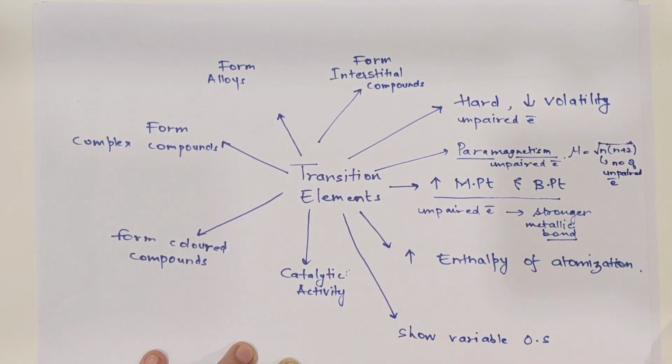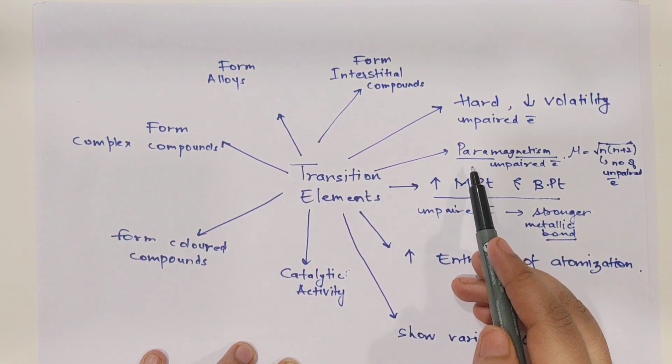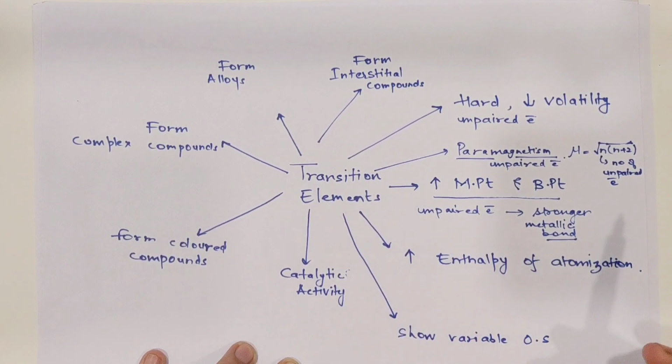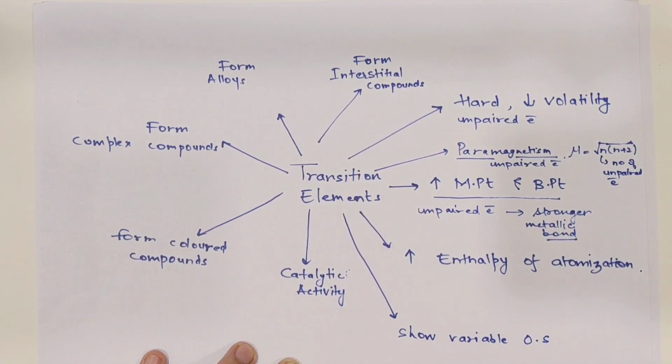The unit is Bohr magneton. Now, another special thing about paramagnetism is you can be directly asked what is the magnetic moment of this ion. So you'll just have to write the electronic configuration of that ion, find out the number of unpaired electrons, plug those values in this formula, get the answer.